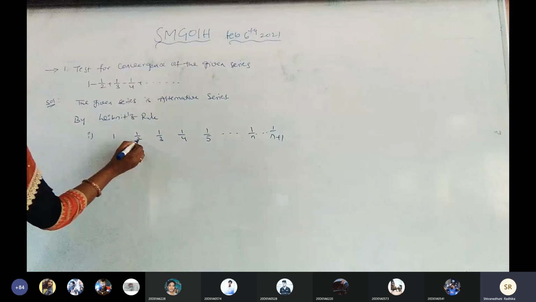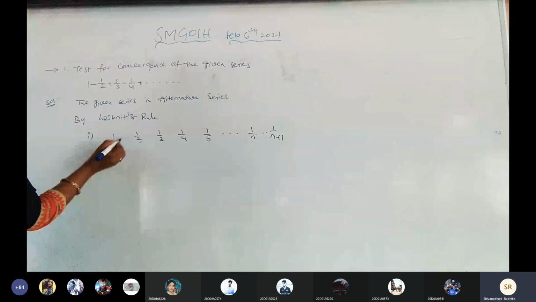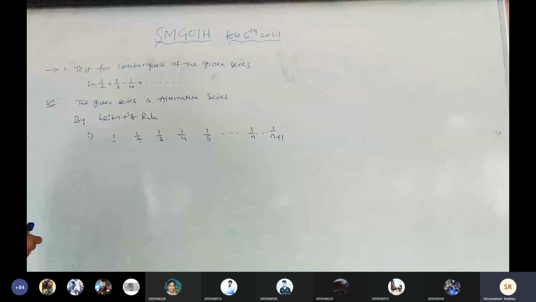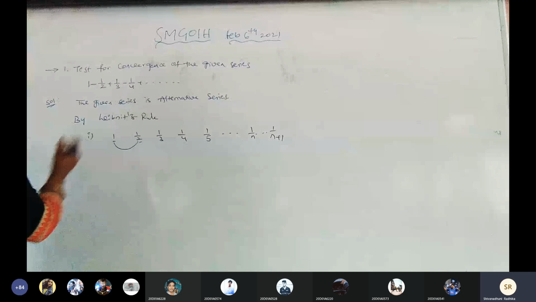Here, 1 comma 1 by 2. This is the preceding value, this is the succeeding value. Which is the bigger value? 1. Again I am going to check: 1 by 2 and 1 by 3.